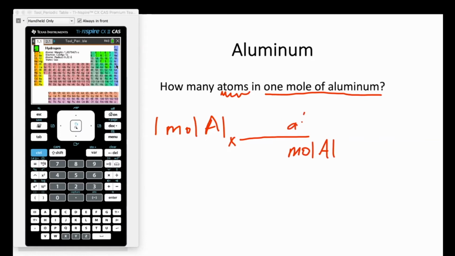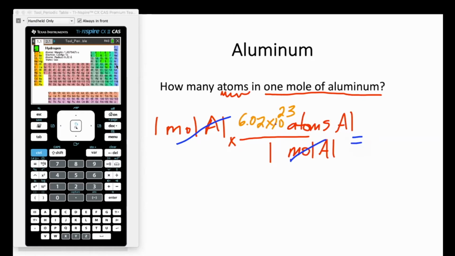I'm going to turn it into atoms, because we learned earlier, and we'll practice more of it, that 1 mole of aluminum is how many atoms of aluminum? It's Avogadro's number, right? 6.02 times 10 to the 23rd atoms. These are going to cancel, moles, and I'm left with atoms.